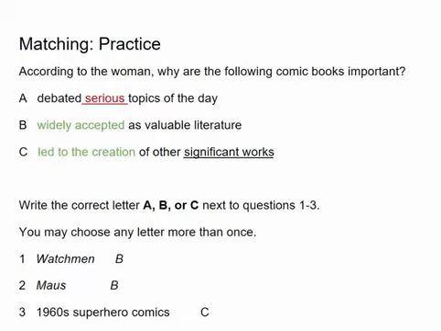What they're described as is being important literary works by the woman, and the male professor is sort of trying to be convinced that that's true based on what the student is saying. Okay, so A doesn't work because it's not something mentioned, even though that word serious is discussed and thrown in there in the answer choice, and it's something that's mentioned in the passage, but they are talking about serious literary work, not serious debatable topics. Okay, so that's why A doesn't work, and B works for 1 and 2. C is the answer choice there for C.